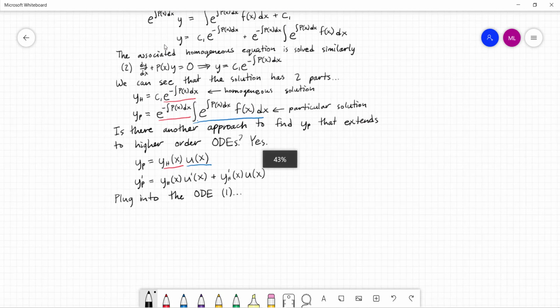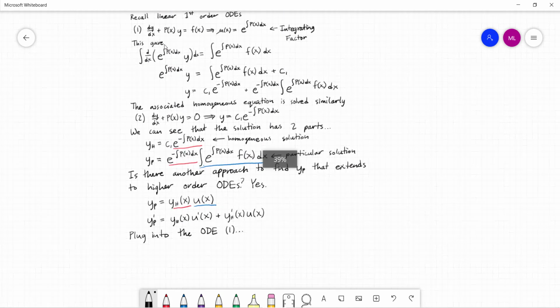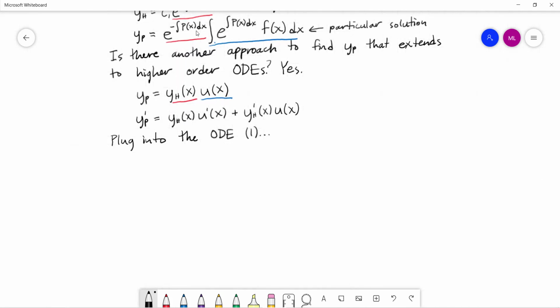Let's get it all on the screen so we can see this at once. So it's the derivative plus p of x times the function itself equals f of x. Here's the derivative: y homogeneous times u prime of x plus y homogeneous prime of x times u of x.